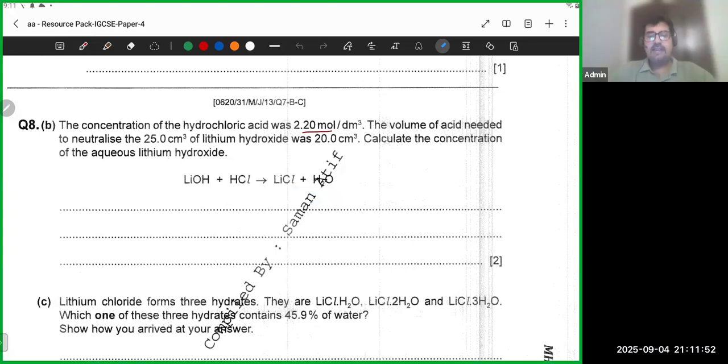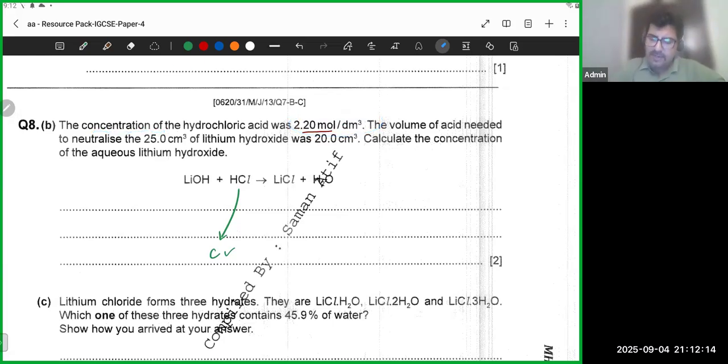Now look at the data and tell me what information is given. Well, for hydrochloric acid, the concentration is given, right? Mole per dm cube by default is concentration.